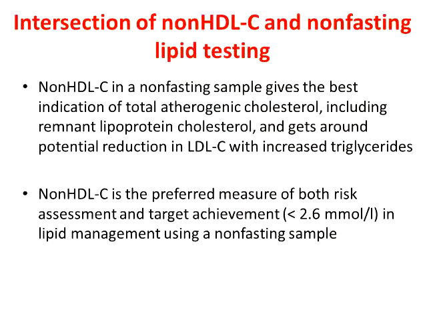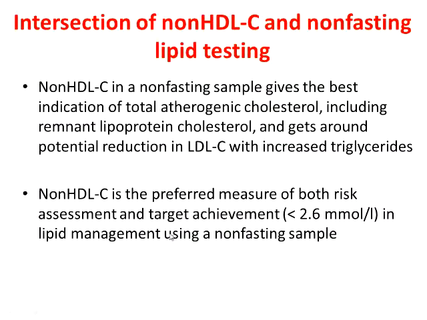Because LDL can fluctuate with triglyceride level, especially after you've eaten, the non-HDL cholesterol in a non-fasting sample gives you the best indication of total atherogenic cholesterol, including remnants, and it gets around this potential reduction in LDL with increased triglycerides. It's just a better indicator of a person's risk than LDL.